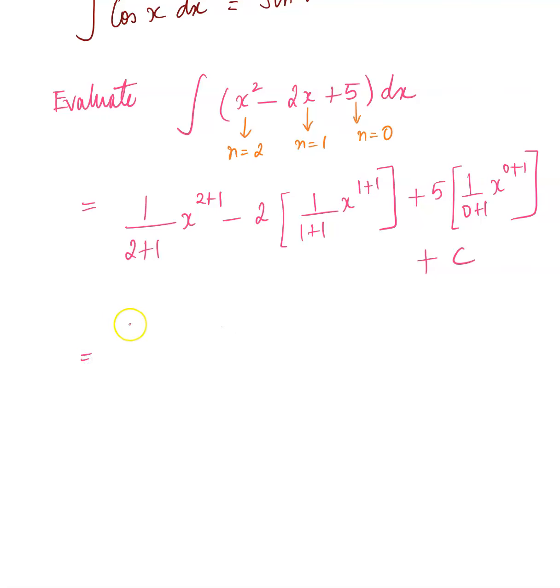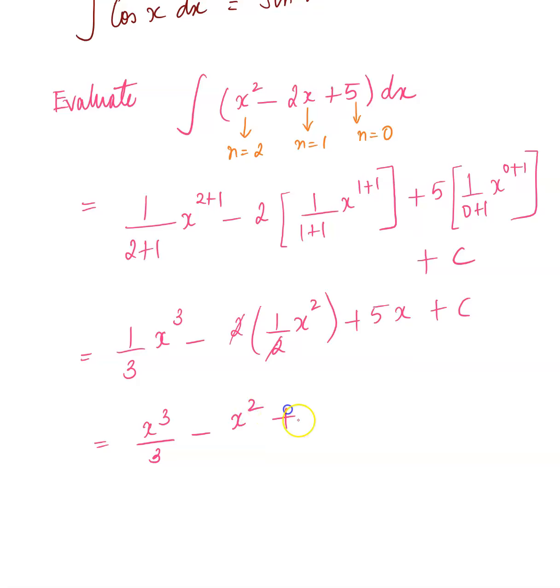So it's 1 over 3 x cubed minus 2 times 1 over 2 x squared plus 5 times x plus c. The 2's will cancel off. So that's x cubed over 3 minus x squared plus 5x plus c. This would be our answer, right?